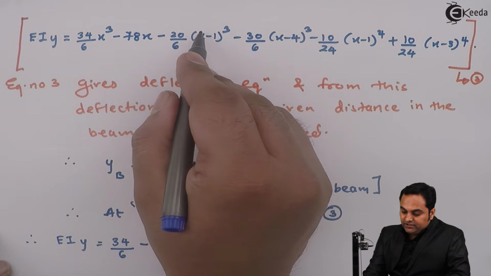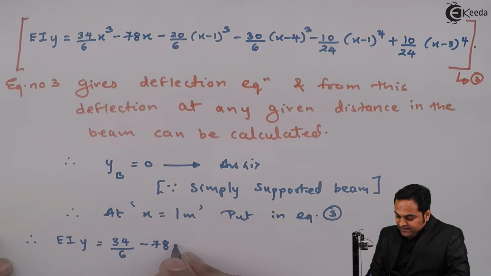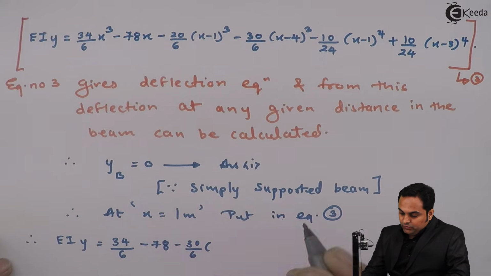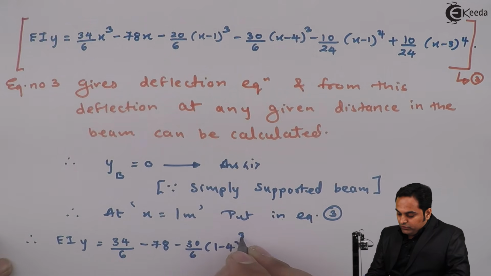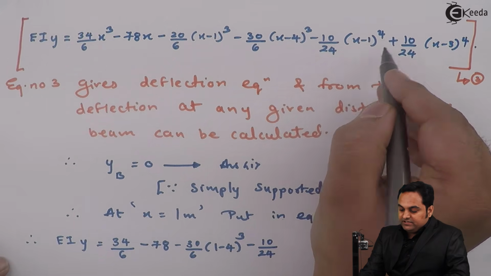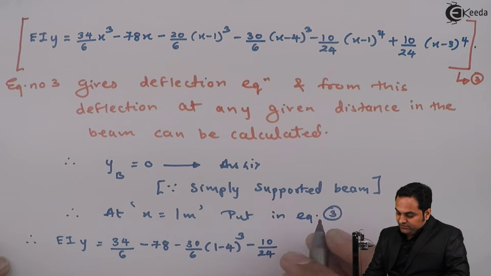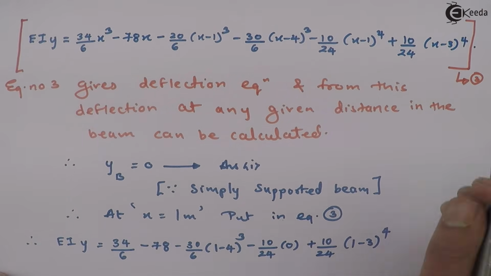Next, if I put 1 here, that becomes 1 minus 1 is 0, so this term is neglected. Next, we have minus 30 by 6 into 1 minus 4 whole cube, minus 10 by 24. Here again we have 1 minus 1, so this term gets eliminated. At last we have plus 10 by 24 into 1 minus 3 raised to the power 4.